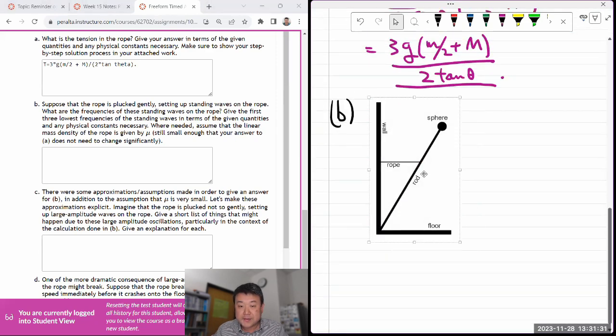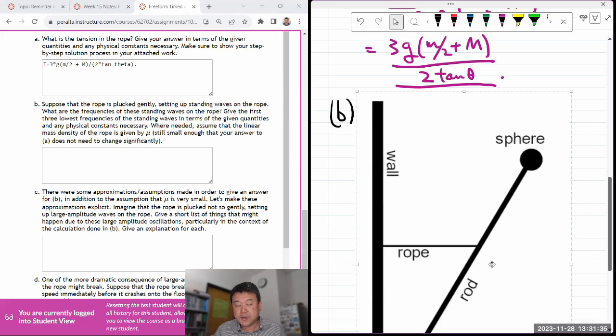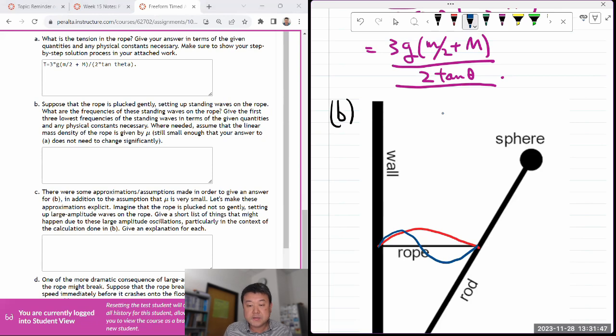So, what I can get easily are the shapes of standing waves. And the one with the longest wavelength will look like this. The one with the next longest wavelength will look like this. You know that both ends are fixed, and so on. So my longest wavelength will be this length here. Let me call that capital D times 2.